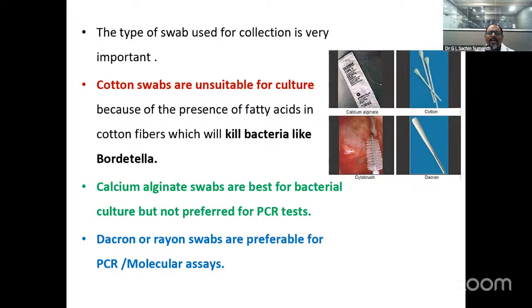Cotton swabs are unsuitable for culture because of the presence of fatty acids in the cotton fibers, which will kill bacteria like Bordetella, the causative agent for whooping cough. Calcium alginate swabs are best for bacterial culture, but if you are planning to do molecular testing, definitely they are not preferred for molecular testing or PCRs. Dacron or rayon swabs are preferable for PCR and molecular assays.